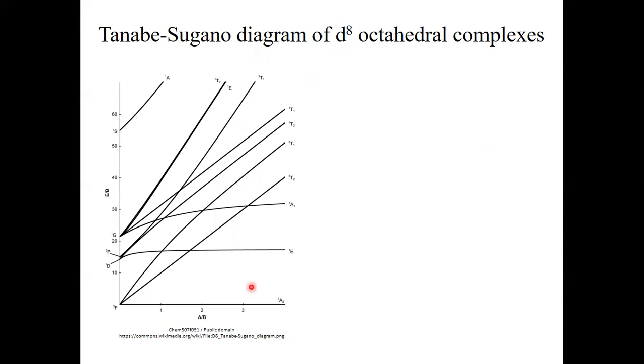So our diagram looks simpler again. We only need to understand why our ground term here is a triplet term, and then look at what electron transitions are allowed.